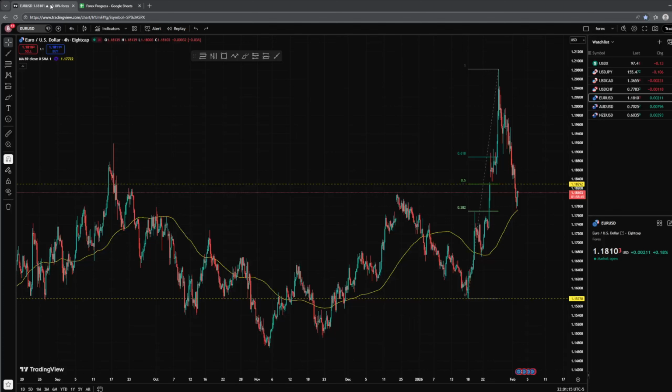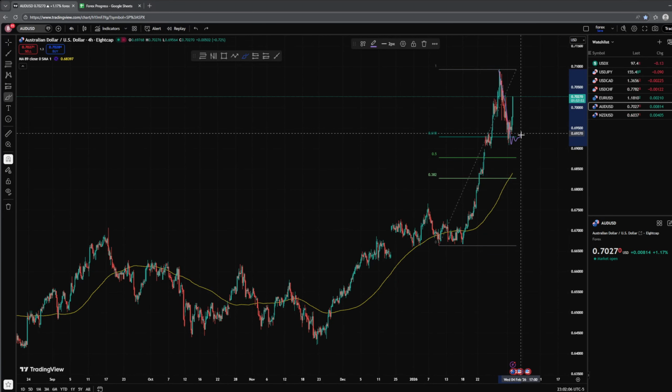Okay, let's continue. Aussie. So once again, the Aussie overall trend is up because the market is consistently behaving above the yellow moving average line. The market has retraced into 40% here, and if it once again retraces into the 50 to 60% zone here, that would be a perfect opportunity to buy Aussie.